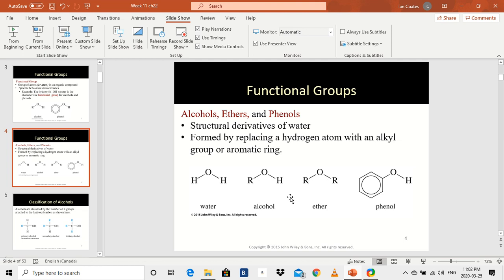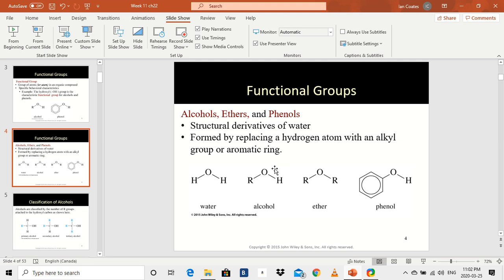Ethers are different than alcohols, because the alcohols only have a carbon chain on one side and then you have this rinky-dink hydrogen here. Ethers, though, have carbons on both sides of the oxygen. Now, oxygen is the big boss, but carbon isn't really a slouch.